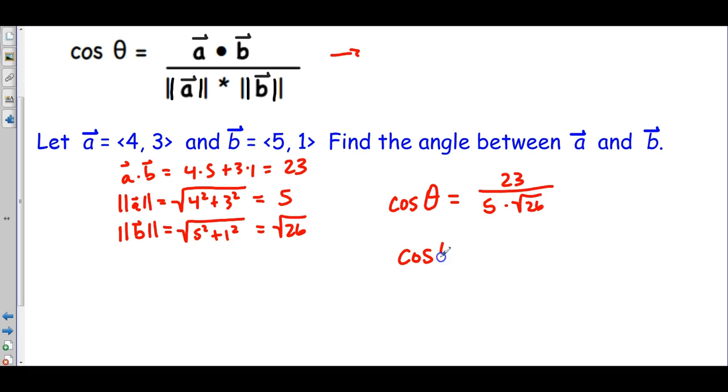So the cosine of the angle between the two vectors, a little bit of calculator work, is equal to 0.902134. And take the inverse cosine of both sides, and you end up with the angle between these two vectors being 25.56 degrees.